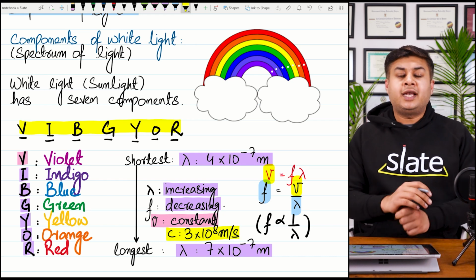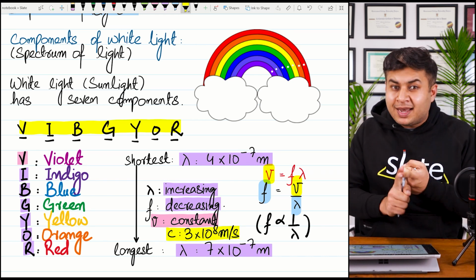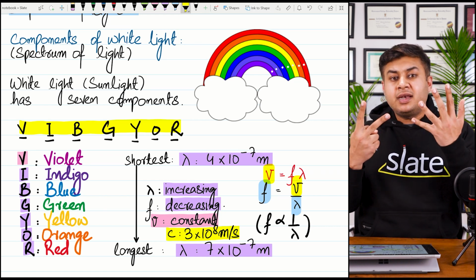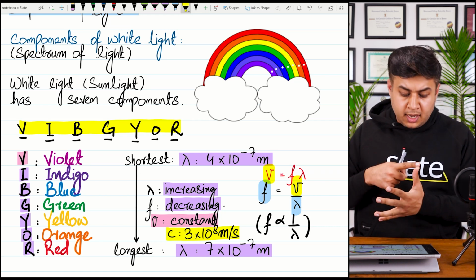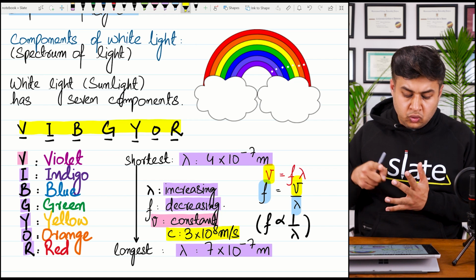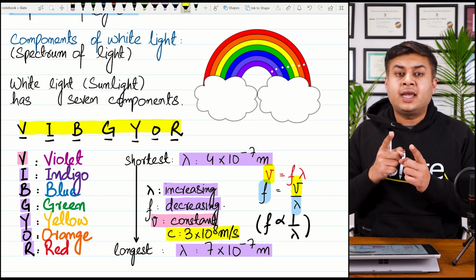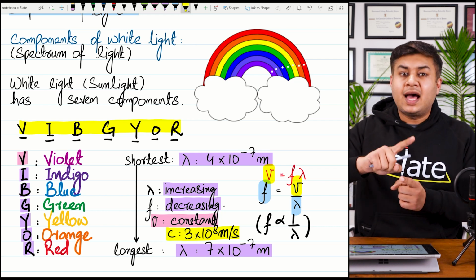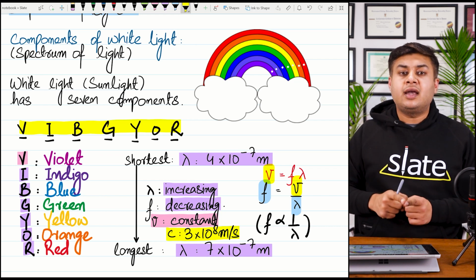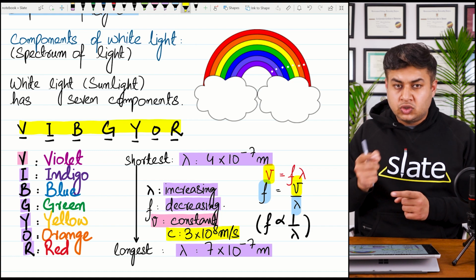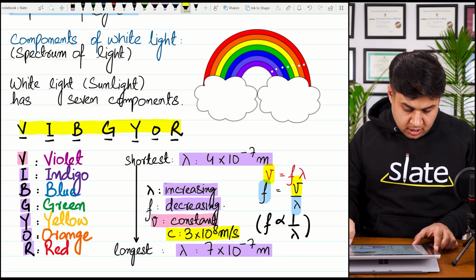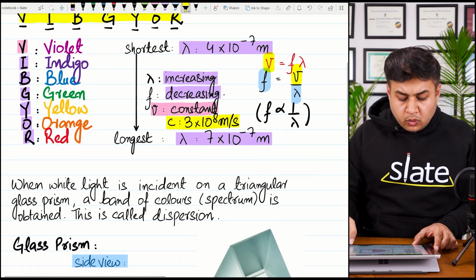Let's revise for the last time: white light consists of 7 different colors, including violet, indigo, blue, green, yellow, orange, and red. Violet has the shortest wavelength and maximum frequency, and red has the longest wavelength and minimum frequency.